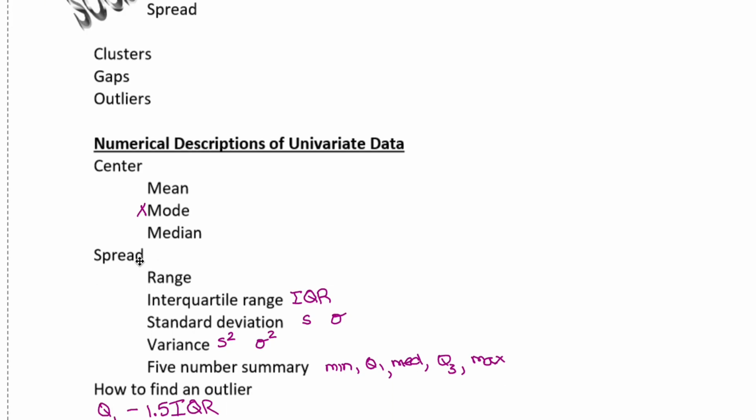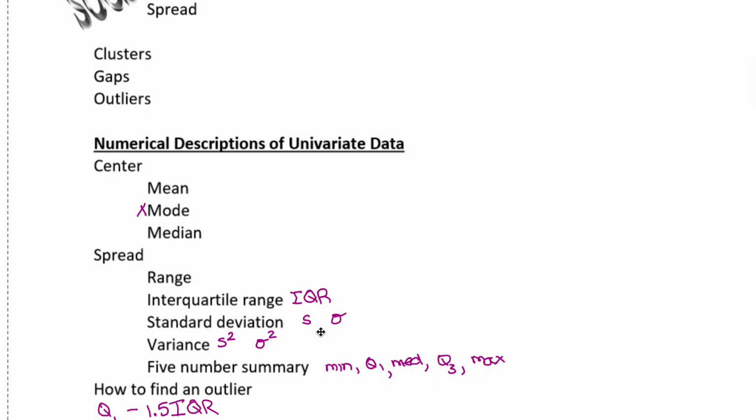And for spread, there are also a couple key terms: range, interquartile range, also known as IQR, and the standard deviation. Remember, for population and sample, they have different symbols. Variance also has 2 symbols: S-squared and sigma-squared. For the 5-number summary, we have min, Q1, median, Q3, and maximum.